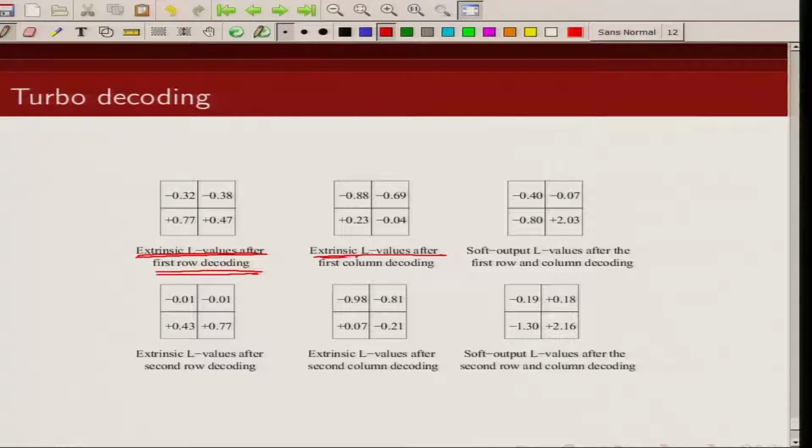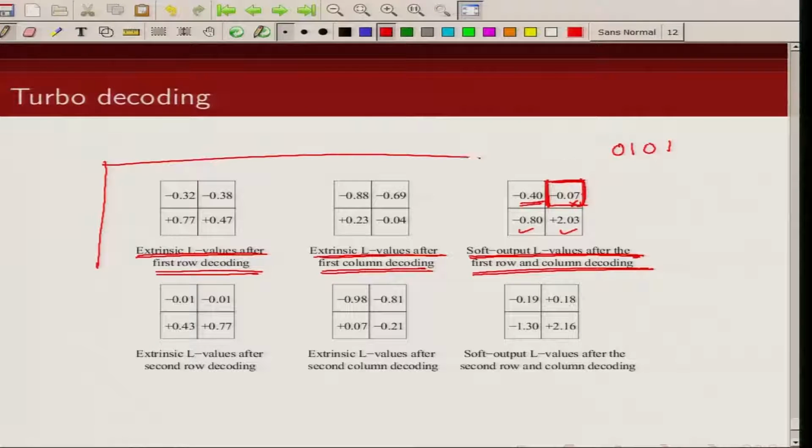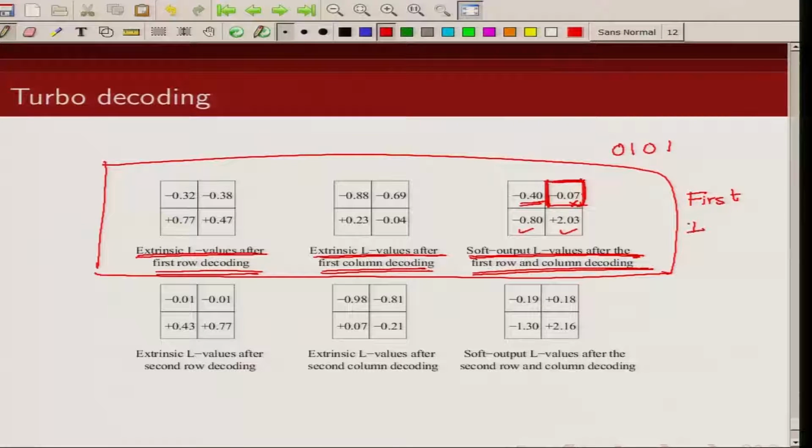This is the extrinsic information after decoder 2, and this is the APP value after decoder 1. Note that I have transmitted 0, 1, 0, 1. Here the sign is okay, there the sign is not okay. After the first decoding, this one is in error, this sign is okay, this sign is okay. So, this whole thing was my first iteration.